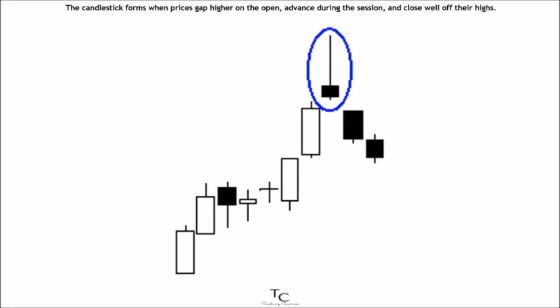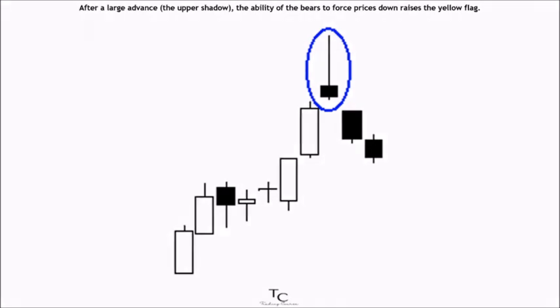The candlestick forms when prices gap higher on the open, advance during the session, and close well off their highs. The resulting candlestick has a long upper shadow and small black or white body. After a large advance, the upper shadow, the ability of the bears to force prices down, raises the yellow flag.